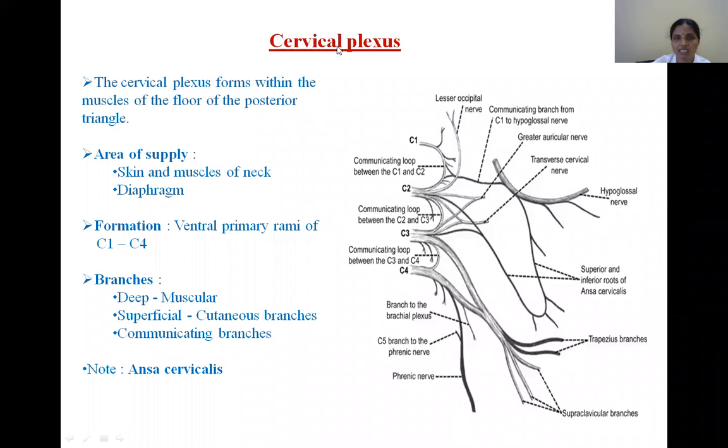See why it is known as the cervical plexus? Because it supplies the nerves, muscles and structures present in the neck, whereas the brachial plexus supplies the structures of the upper limb. And what is the reason why this plexus is formed in this particular region? Because of the complexity of the muscles.